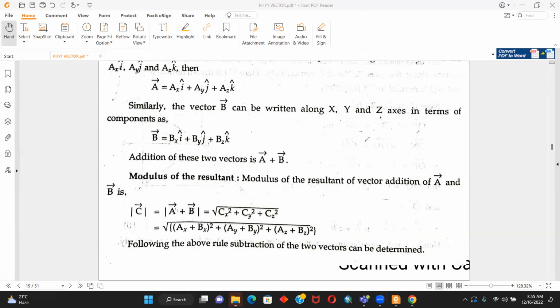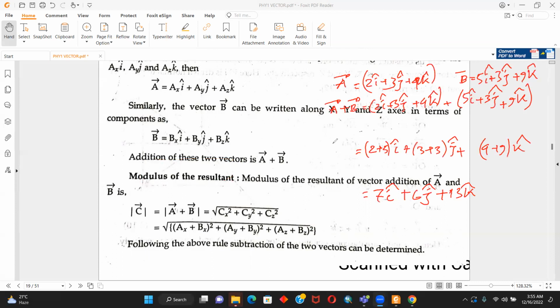Say for instance, what was the answer for the previous question? Can you tell me? 7i plus 6j plus 13k, wasn't it? You write this down. Now say we want to calculate the modulus value, or magnitude, of this.